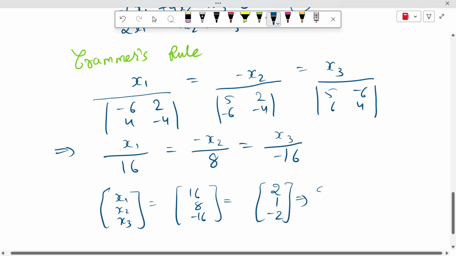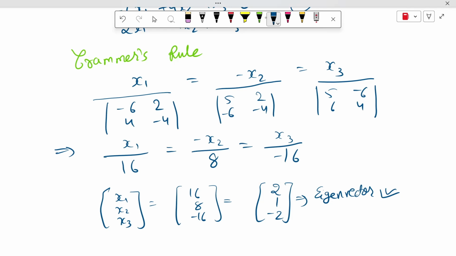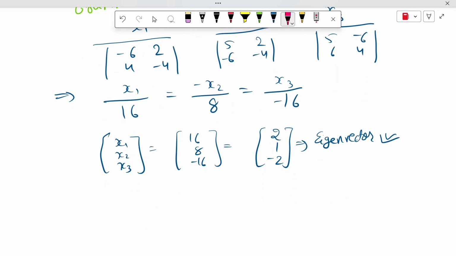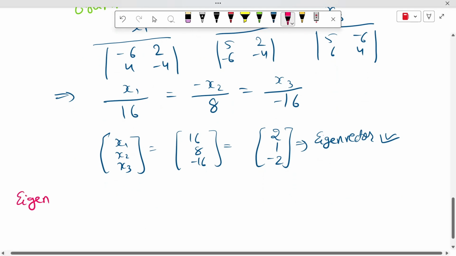So this is one of our eigenvectors. In a similar way, you can find the other two eigenvectors by the other two values of lambda, and I am giving the answers.